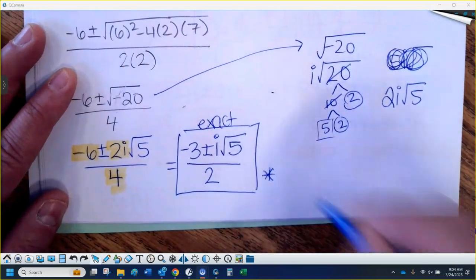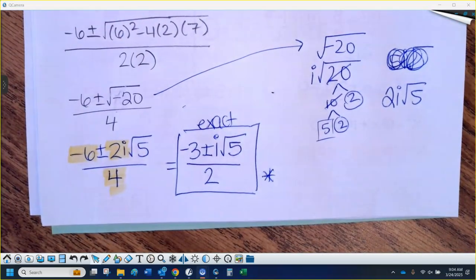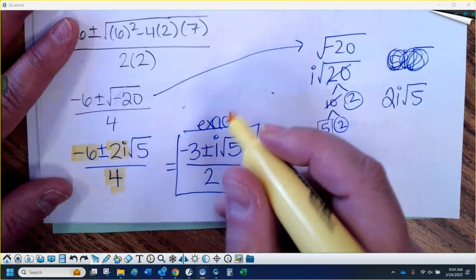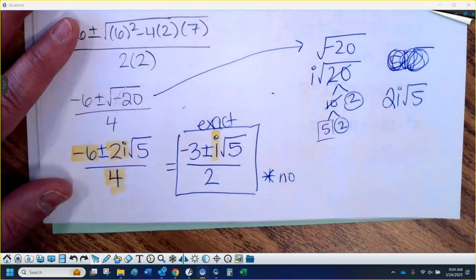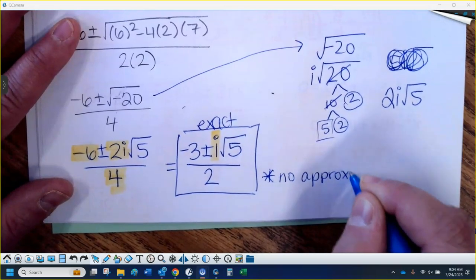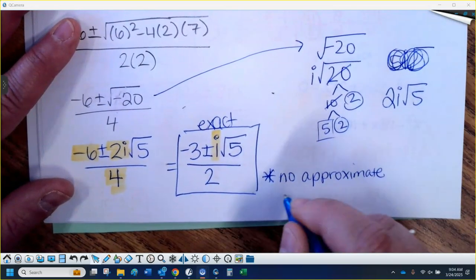And I'm just going to make a note. Because I is imaginary, right? It doesn't exist. We would not see this on a graph. It's not going to cross the x-axis if we were to graph this quadratic. So if you have an I, which I do have an I here, right? If there is an I, there's no approximate like we did on the last question.